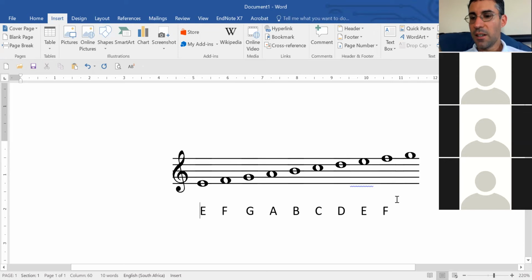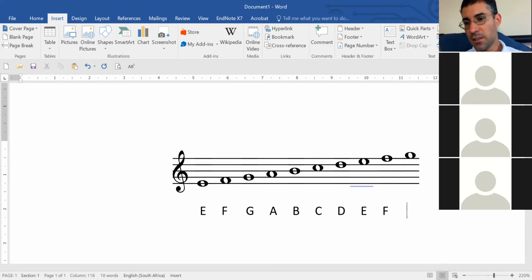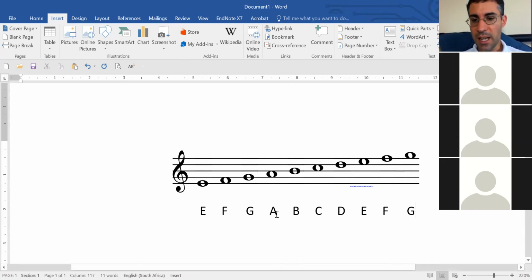Yes. So if we move one note up, what would this note be? What's the next note after F? If we go to that note, it would be a G. Yes. Okay. If you look at these ones, A, B, C, D, E, F, they're all going one up at a time, right?